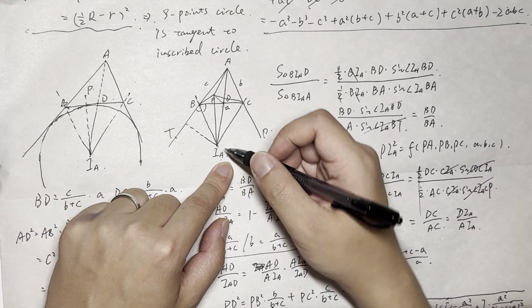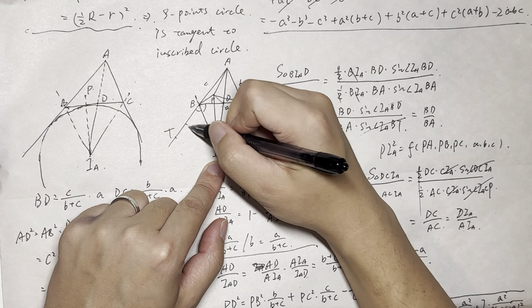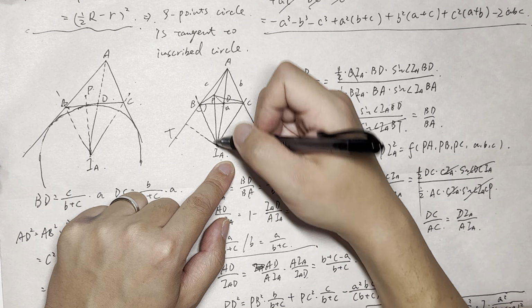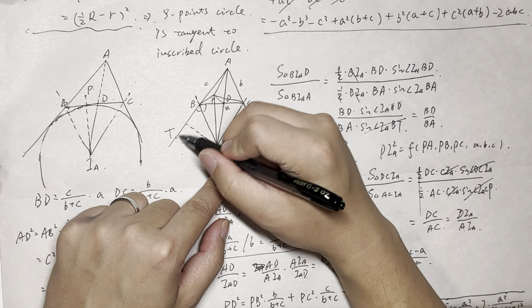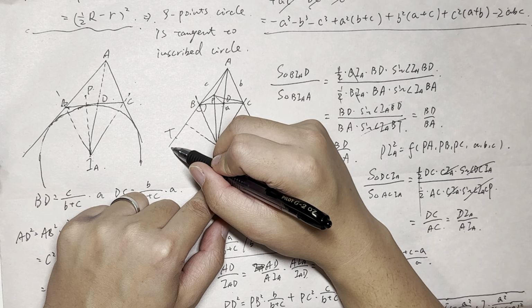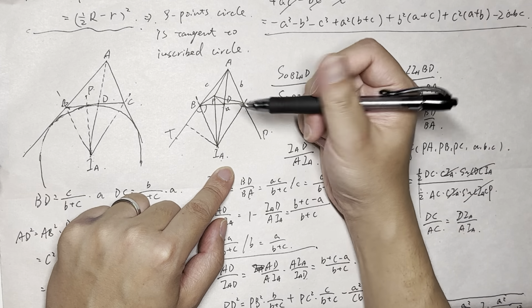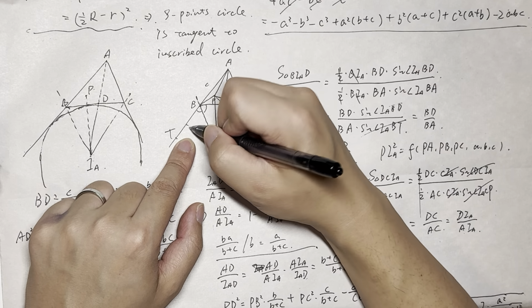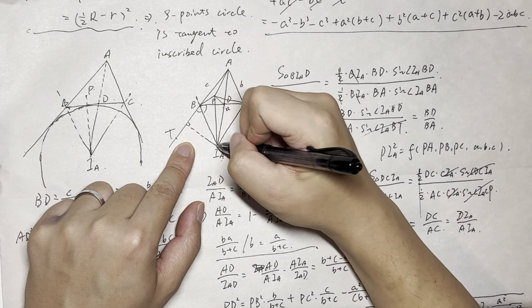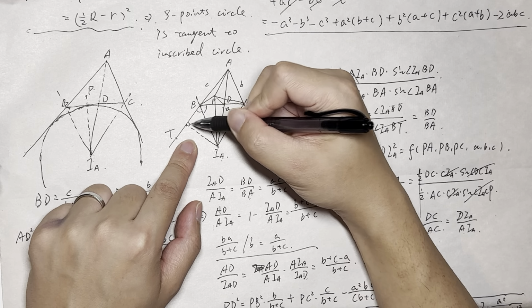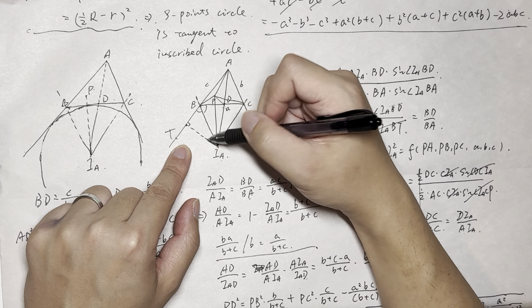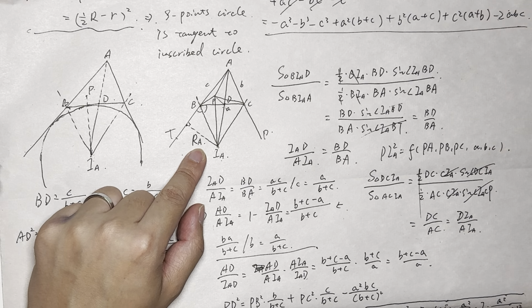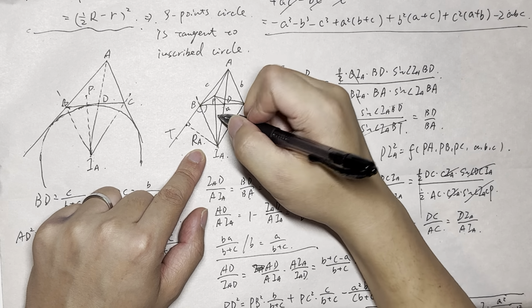So if we do the perpendicular line from IA to AB, because AB is tangent to this circle, let's name this point T. Then IAT is the radius of the tangent circle, right?